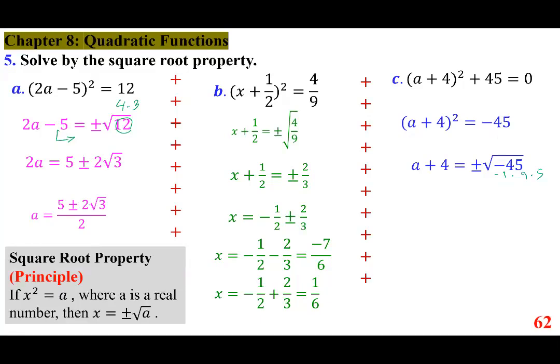So 9 comes out as 3. 5 remains. Square root of negative 1 is represented with i. All we have to do, move the 4, and we are done. Can we combine them? No. There are two answers in the form of a plus bi and a minus bi.